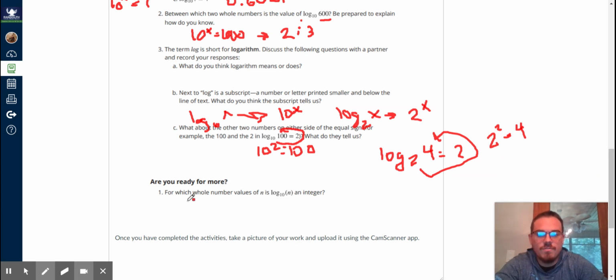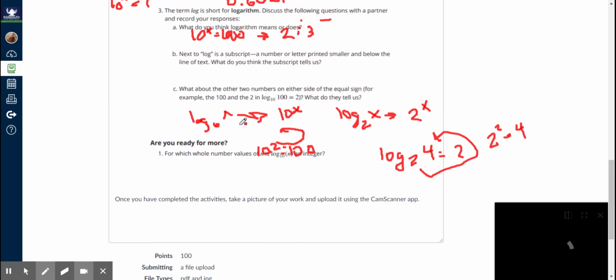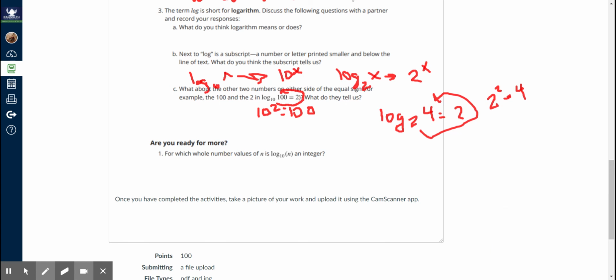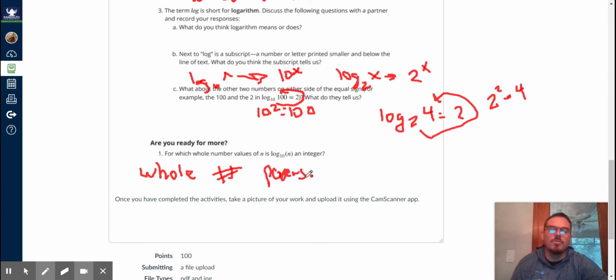Last thing here says, for which whole number value of n is log 10 of n an integer? Okay, now this isn't Are You Ready for More? It doesn't have to be 100% here, but for which whole number values of n is log 10 of n an integer? We're going to say that these have to be whole number powers. For example, this is like saying, what power of 10 gives me a whole number?